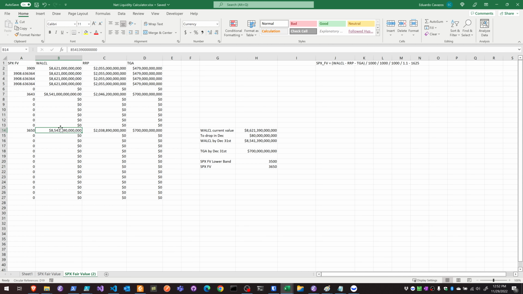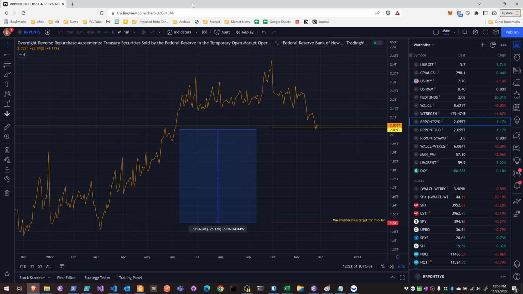Here's the balance sheet for the end of the year, that's this number right here. I put it in there, and we knew TGA is 700 billion, right? So it's telling us RRP, given those numbers, would have to be around that level. That's 2 trillion and change, about 2038.89 billion, so let's just call it 2039 billion.